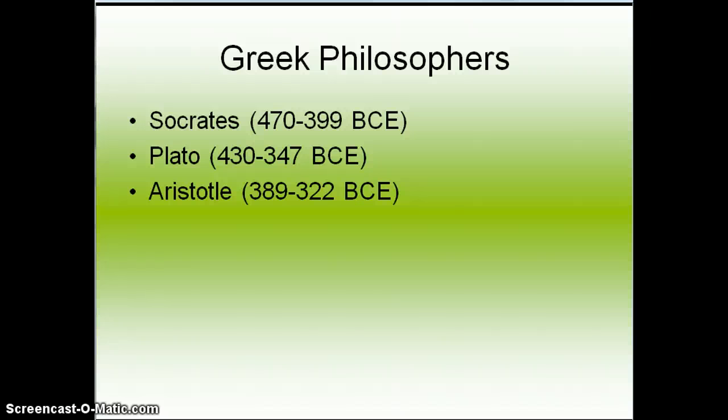We know about Socrates thanks to Plato, who was his student, and Plato teaches us about Socrates through his writings. And the philosopher Aristotle wrote on a variety of subjects in politics, arts, and sciences, and he became a model of Greek thought by constructing arguments through the use of logic.